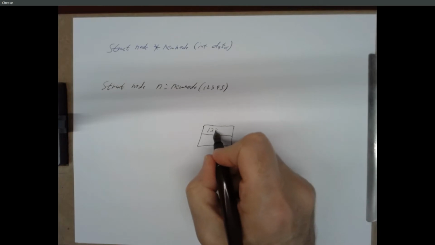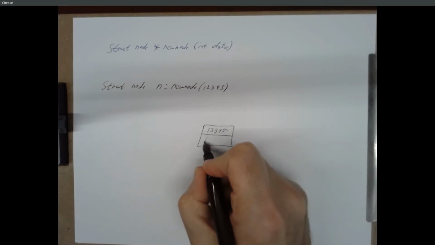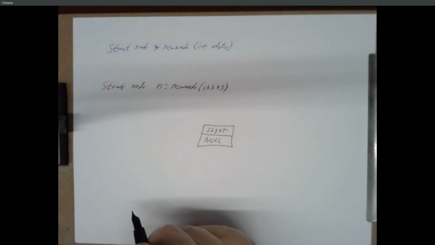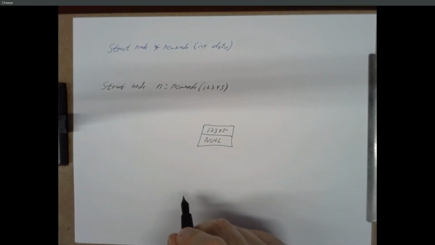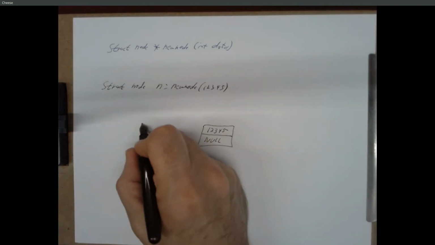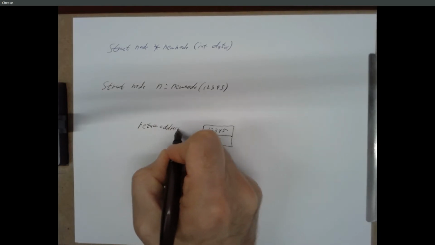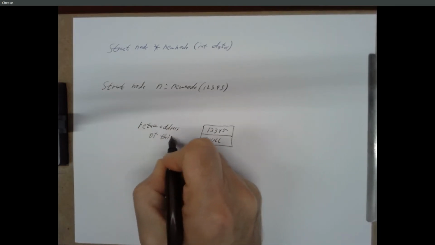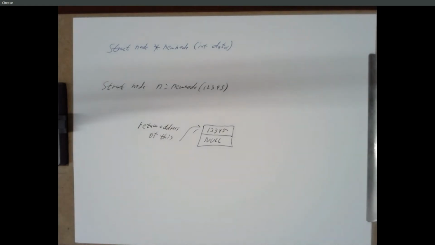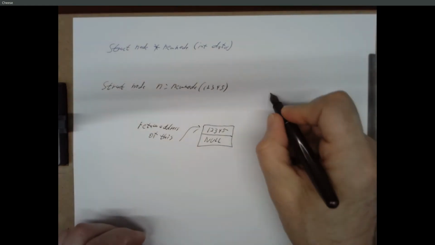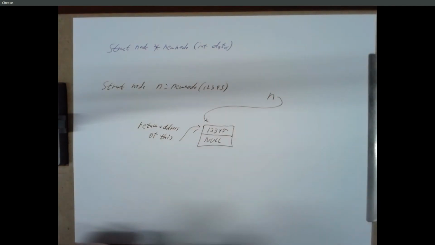It should set the data field to 1, 2, 3, 4, 5, the next field to null, uppercase NULL. And then it should return the address of the beginning of that block of memory. So up here, n would now be a pointer to that struct node.